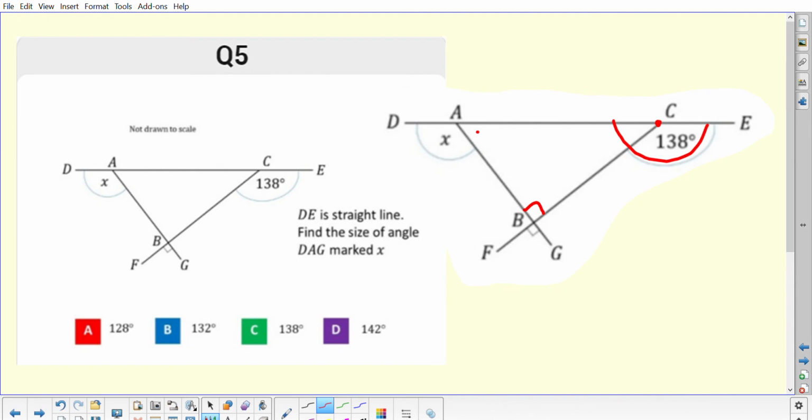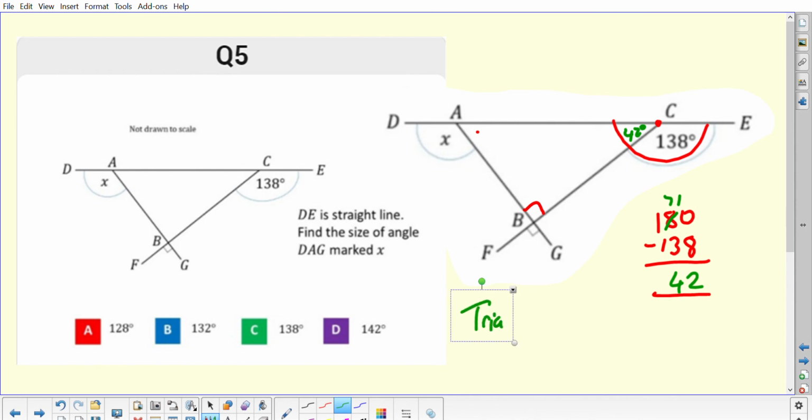So if we do 180 take away 138, you will be able to work out the one beside it. So that's going to give us an angle of 42 degrees in here. And then at this point, we've now got two angles inside the triangle.